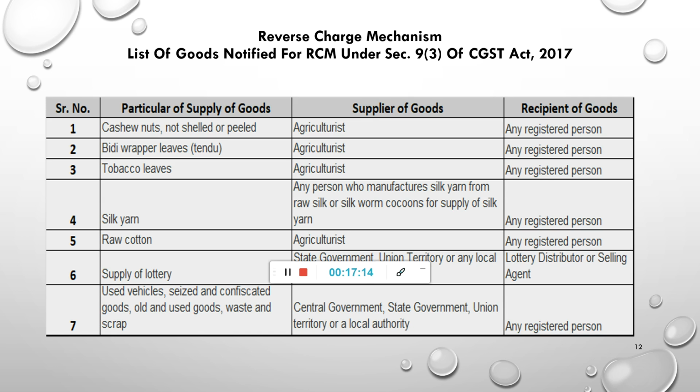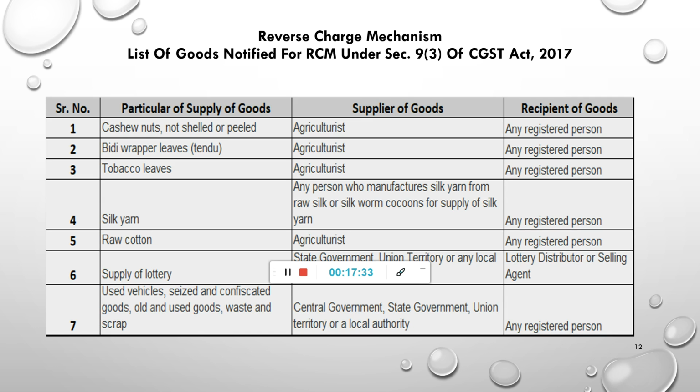The input tax credit will be available for all RCM goods and services used for furtherance of the business, and the service-acquiring individual who is also paying reverse charge can take the benefit of the input tax credit.